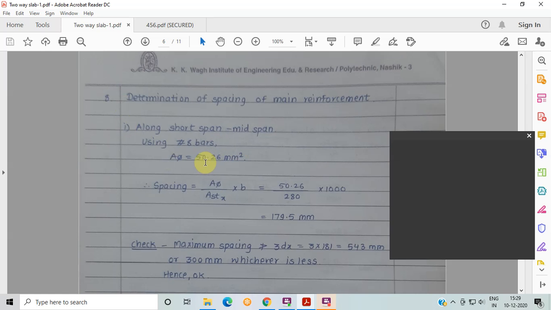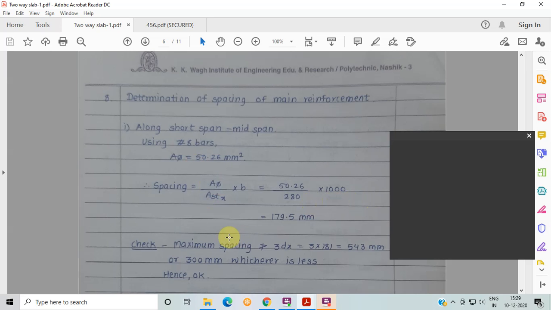So calculate PT. PT means percentage of steel in that cross section. Here ASTX provided divided by B into D suffix X, so effective depth is to be used. Since we are using steel along X direction, this check is done along short span, so obviously depth of short span bars is to be considered. We are getting that PT as 0.16%. Now this 0.16% is less than 0.3%, and here it is safe.